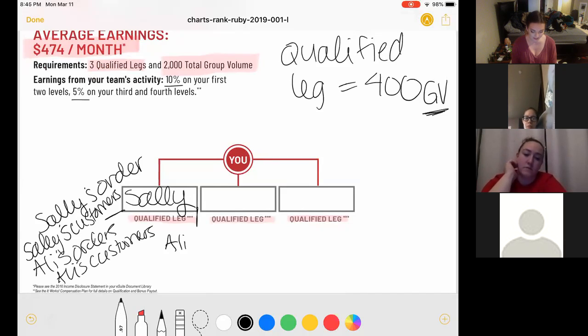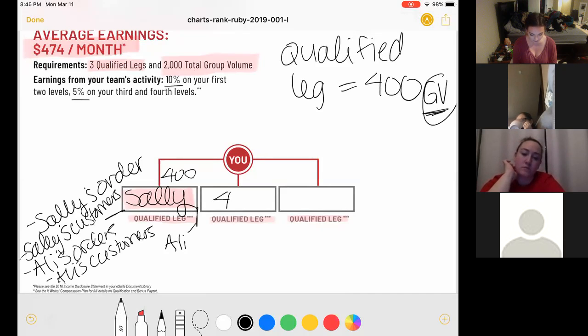So Sally would need 400 volume combined from her orders, her customers' orders, and then any distributors' orders and customers. So in total she needs 400, okay?